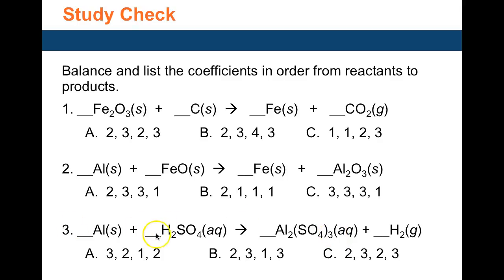So 2 Al, 3 H2SO4, and 3 times 2 is 6, so you would put a 3 here as well. All right, and then you don't need any changes here with the coefficient. So it would be 2 Al, 3 H2SO4, 1 Al2(SO4)3, and 3 H2, which would be B.